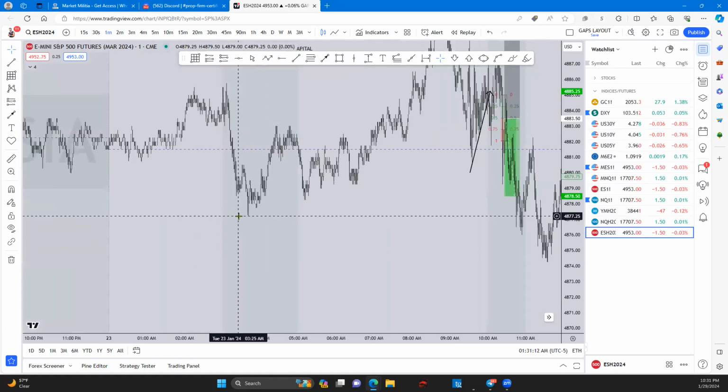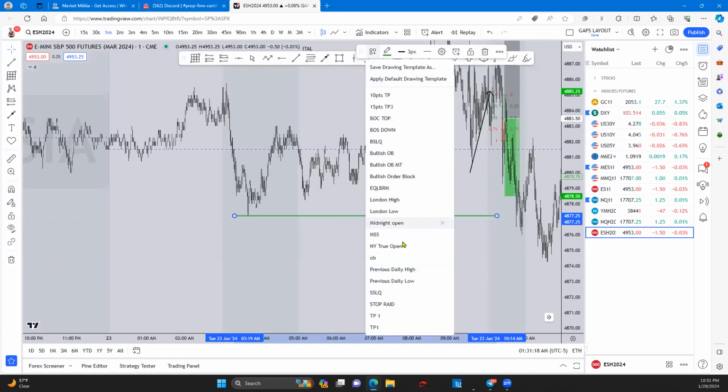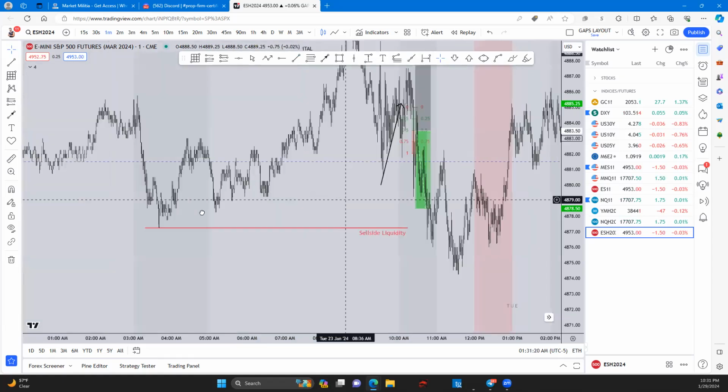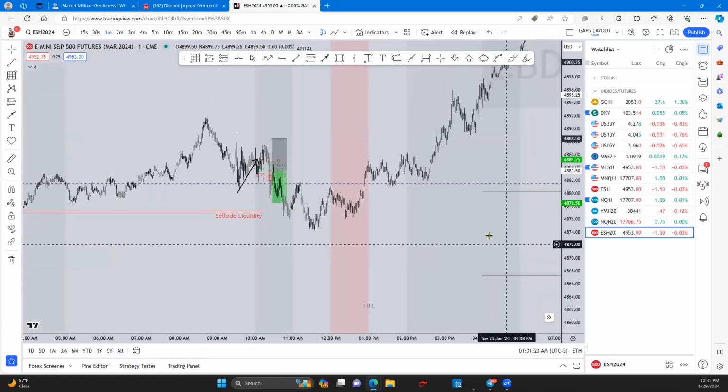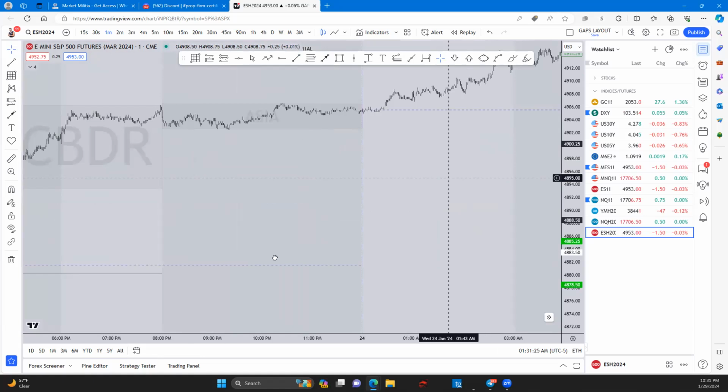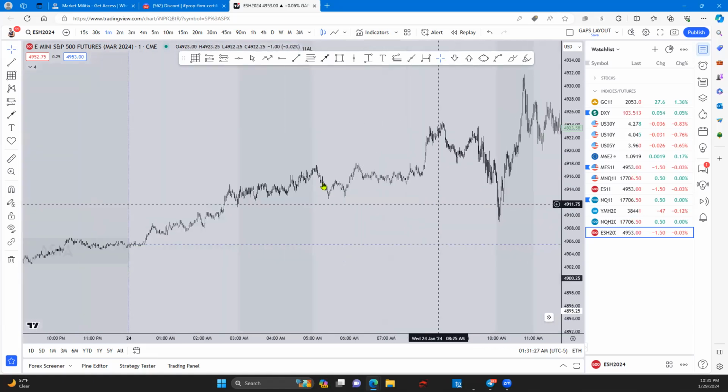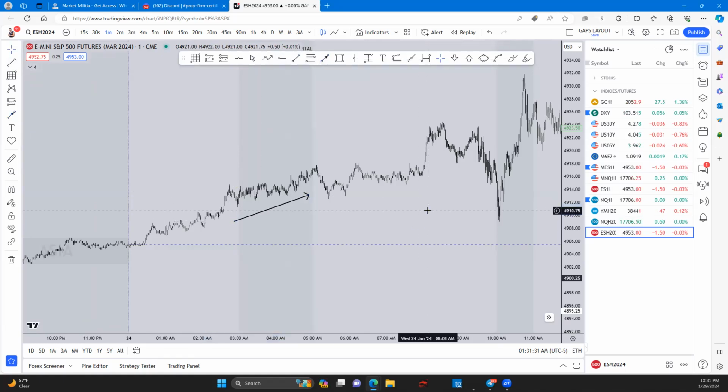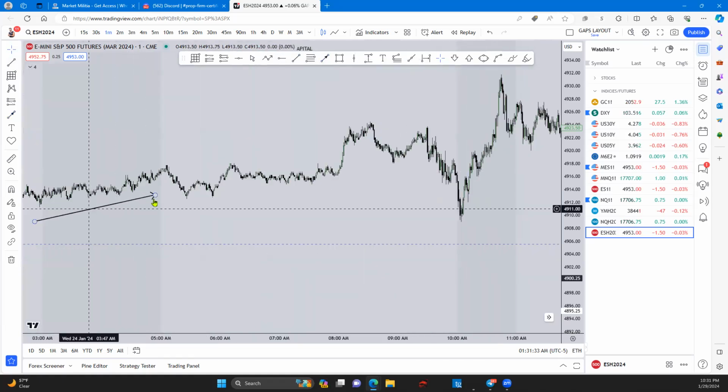Took out the London low as sell side liquidity. Okay. You can see London was bullish, right? Bullish.